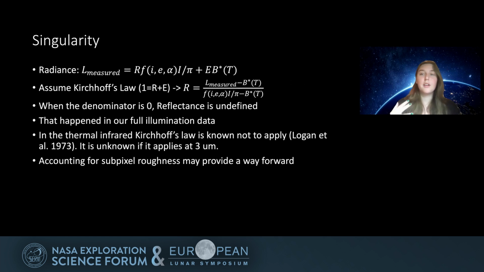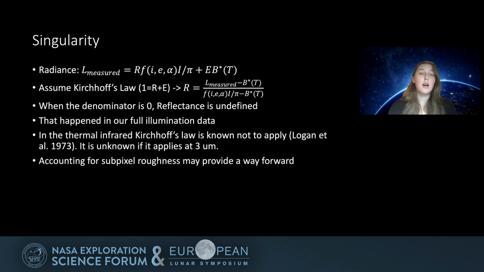Then there's another possibility that we have to talk about, which goes back into correcting for thermal emission and how we're calculating reflectance. The radiance that we measure is a combination of the reflectance times the photometric function and the solar radiance, plus the emissivity times the thermal emission model.